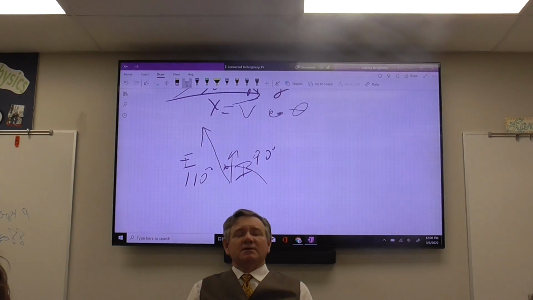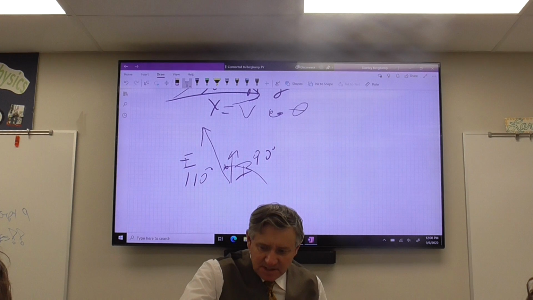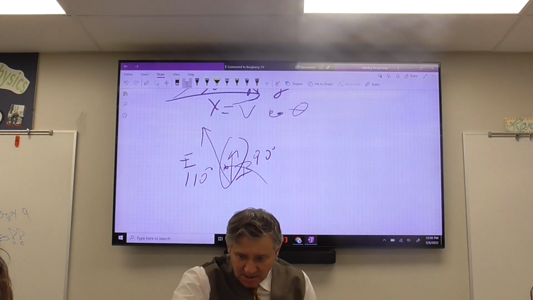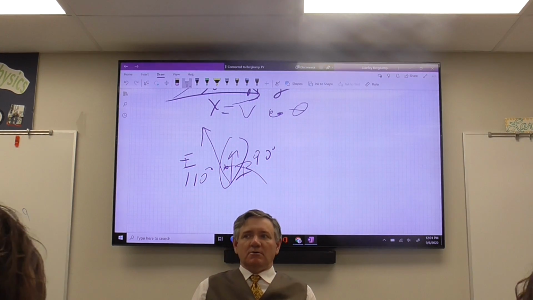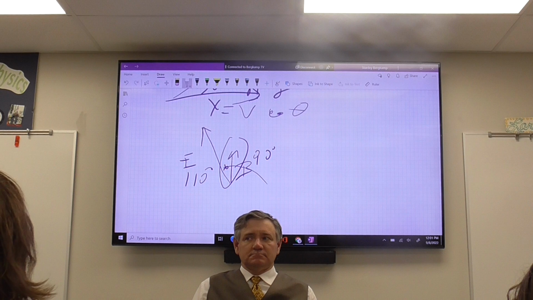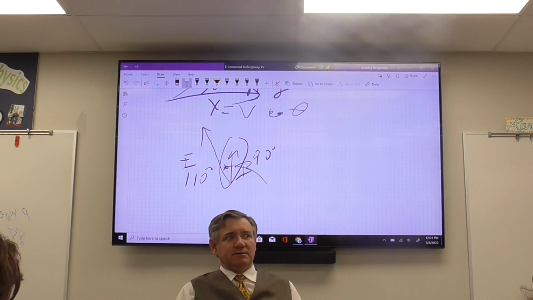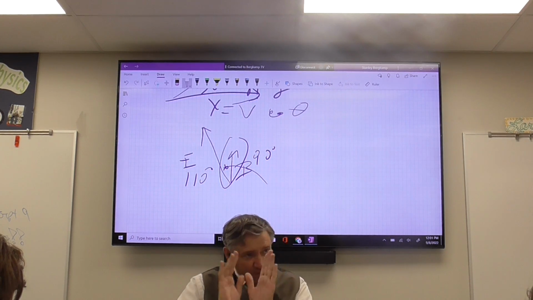So that's 90 degrees, that's 110 degrees. Imagine this is a soccer ball. Taylor is kicking the ball at 90 degrees. Zoe is kicking the ball at 110 degrees. Where's the ball going to go? Somewhere between 90 and 110, right? Now this is what we call a free body diagram.